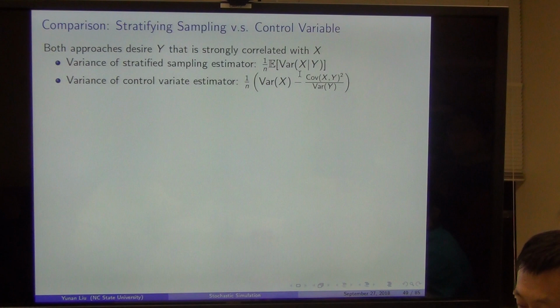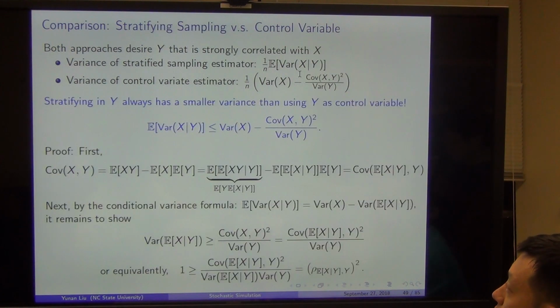Let's compare the two. Which one is bigger? Here's the result. Stratifying in Y always has a smaller variance than using Y as a control variate. Meaning, this is less than this in general.